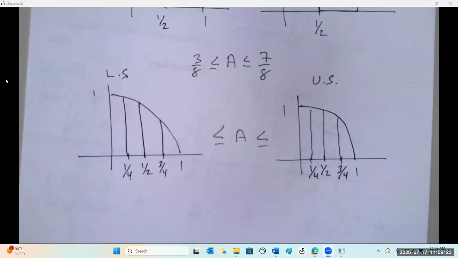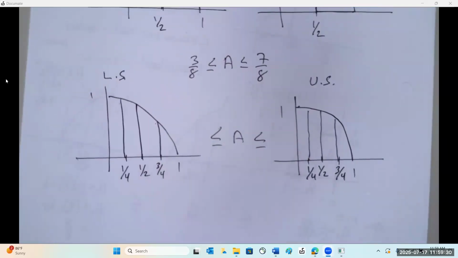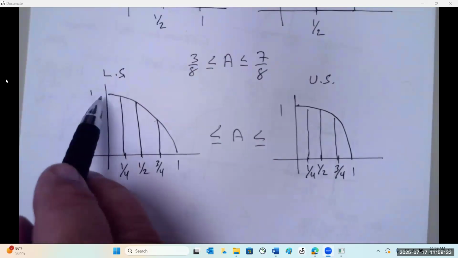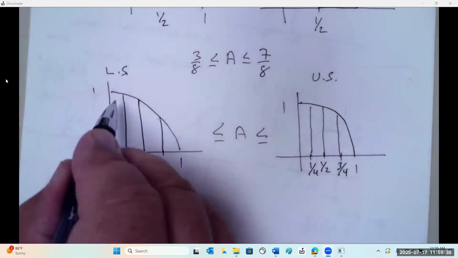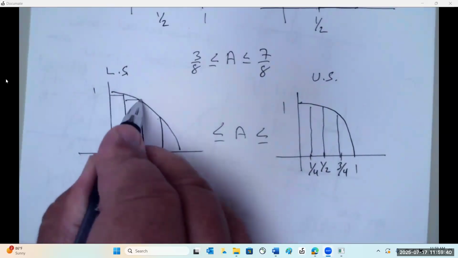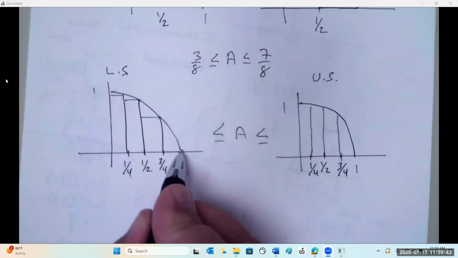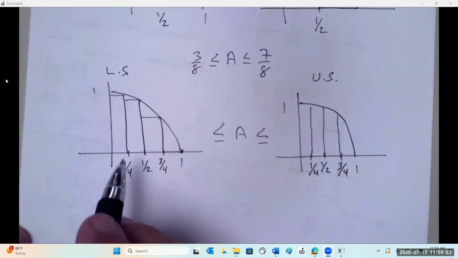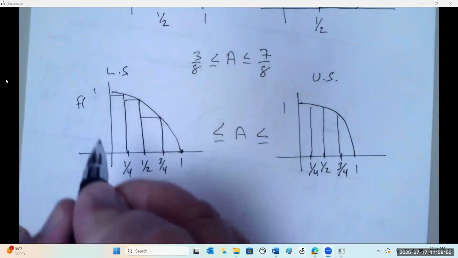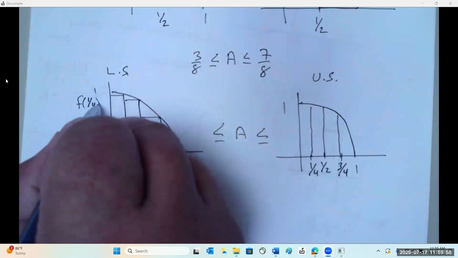And it's very important that you look at the graph first, because will the lower sum always be the right endpoint? No. It just so happens, since this is a decreasing function, that our lower value is to the right. So for this first one, we have to find the area of the height at 1/4.